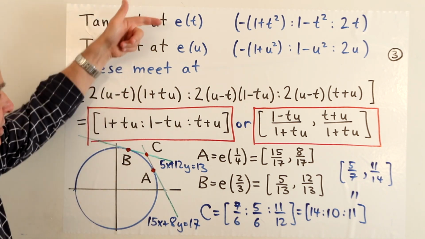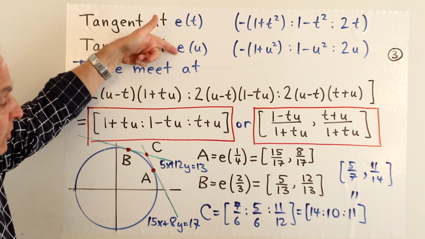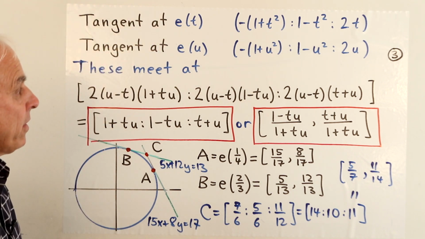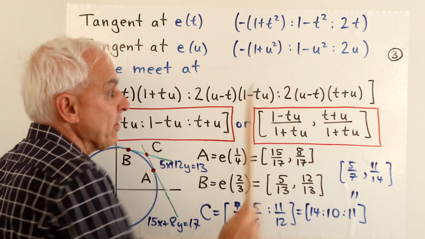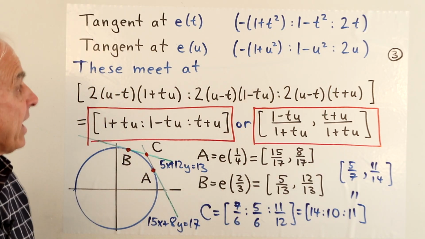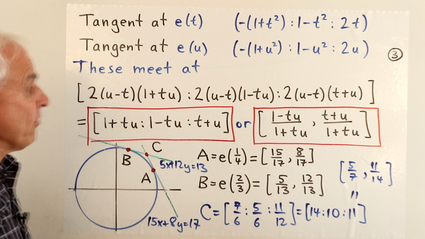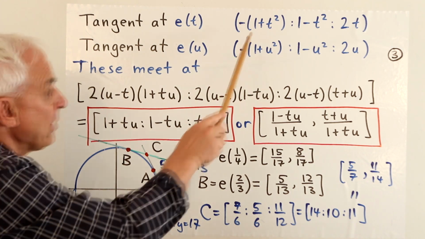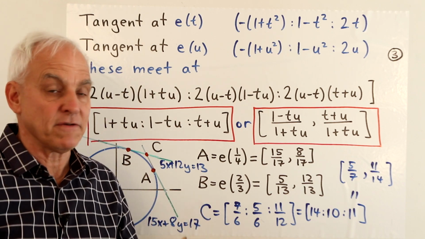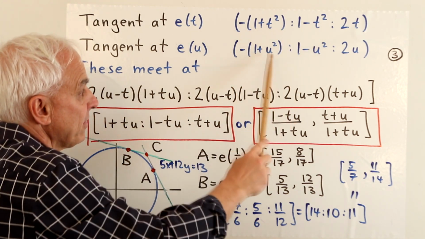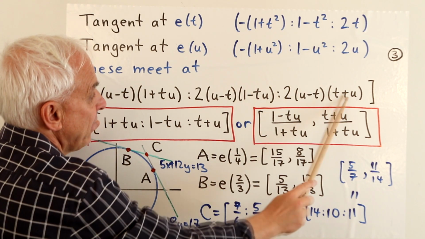All right, so let's suppose that we have points E of t and E of u on the unit circle, just as before. And these are the formulas for the tangent lines at these 2 points that we've just derived. And then we can find where these meet. The meet of lines formula, we take that and calculate this triple.